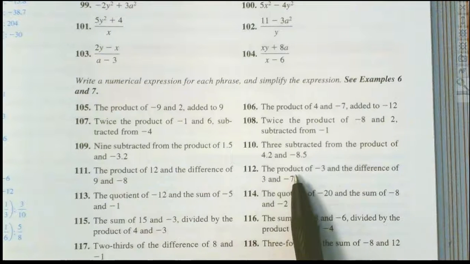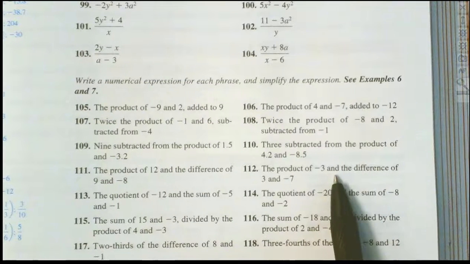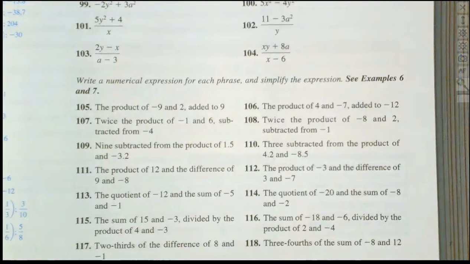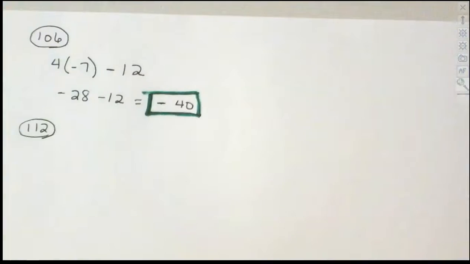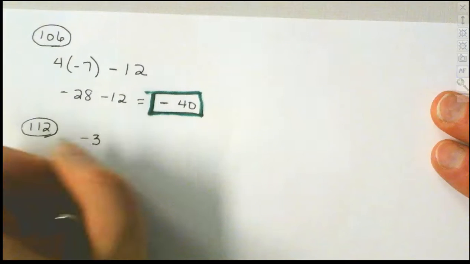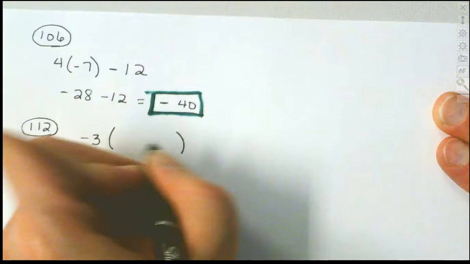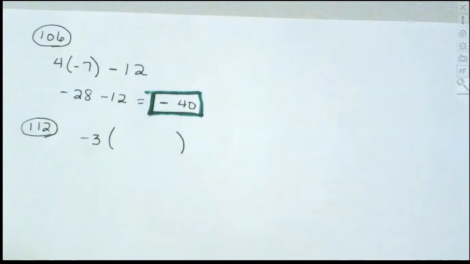So what are we looking at? Product. Now the 'and' is where it separates them. The 'and' is going to separate the two products. So our first one is a -3. And we're then going to take that -3, we're going to have to use parentheses here, and multiply that -3 by the difference of, that means subtract, the difference of 3 and a -7.